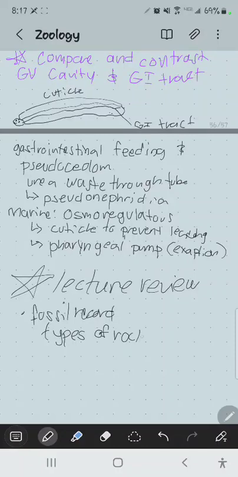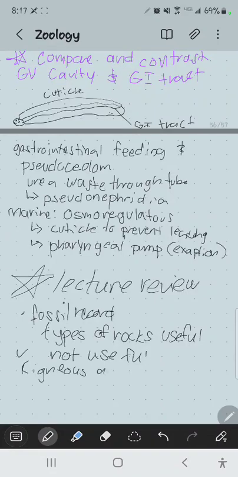Remember, we talked about two different kinds of rocks: igneous rocks and sedimentary rocks. I gave you a few examples. Igneous rocks include lava, ash, pumice, and granite. Those are igneous rocks that have come from Earth's mantle. Sedimentary rocks are things like sandstone, shale, mudstone, and limestone. I'll give you a few examples.